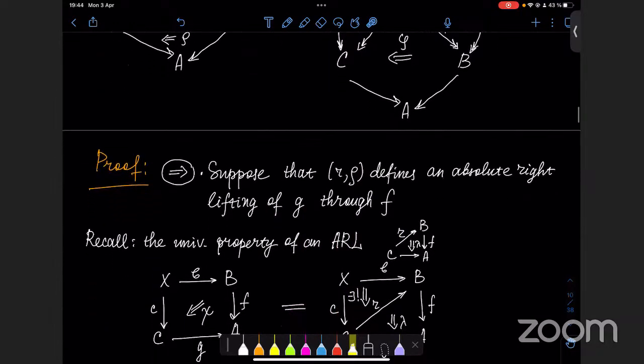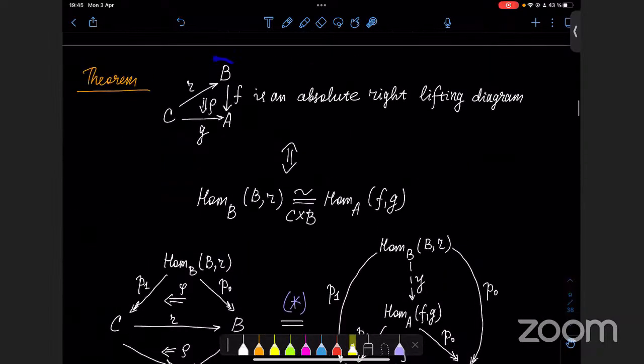So suppose that this R, rho defines an absolute right lifting of G through F, meaning that you have the following diagram, which is an absolute right lifting diagram. Recall that being an absolute right lifting diagram means that you have the following universal property.